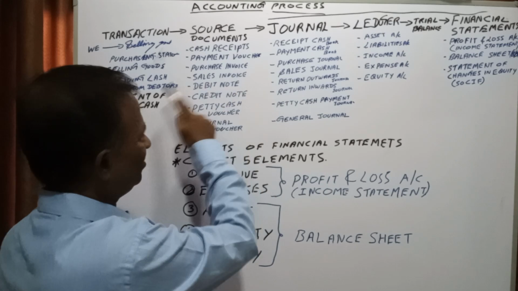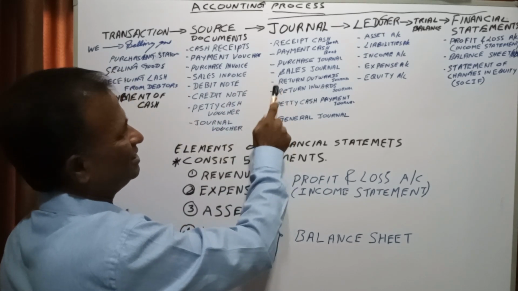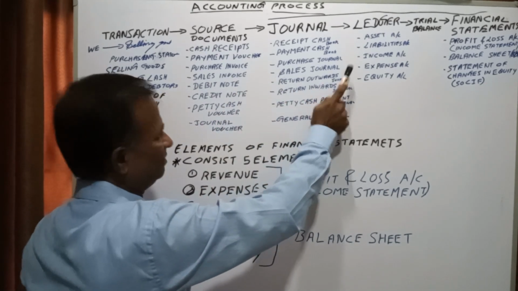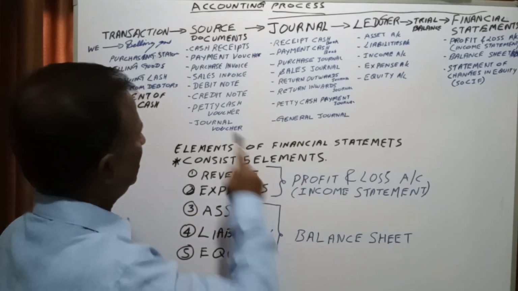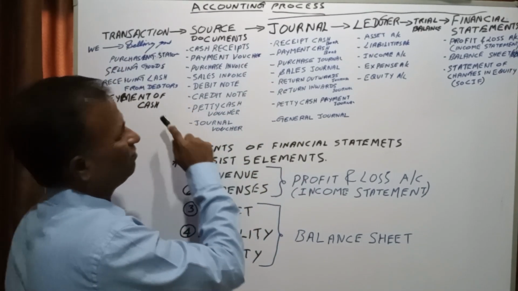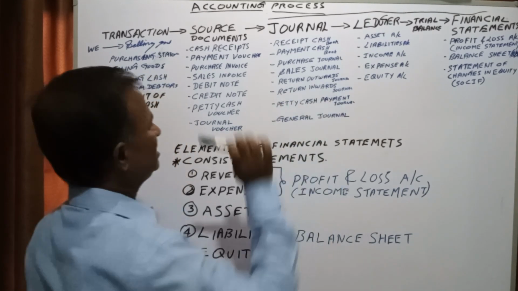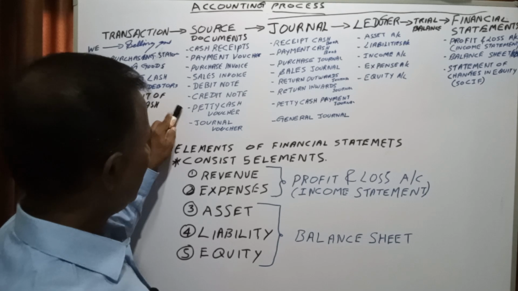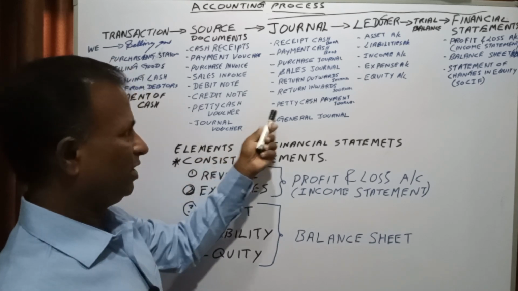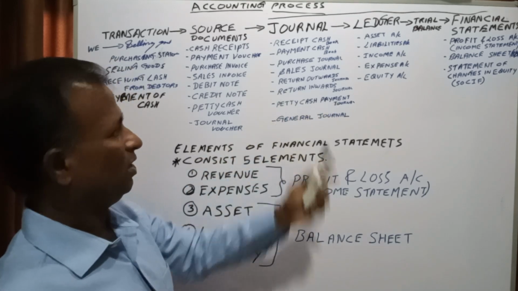All the debit notes will be recorded in the return outwards journal. All the credit notes will be recorded in the return inwards journal. All the petty cash vouchers will be recorded in the petty cash journal or petty cash book.